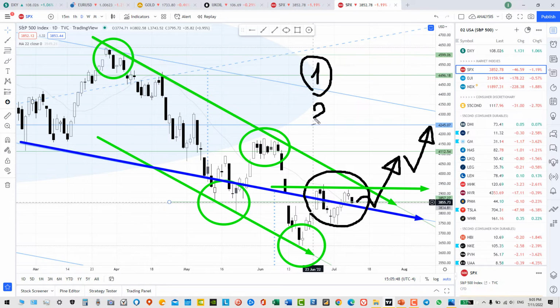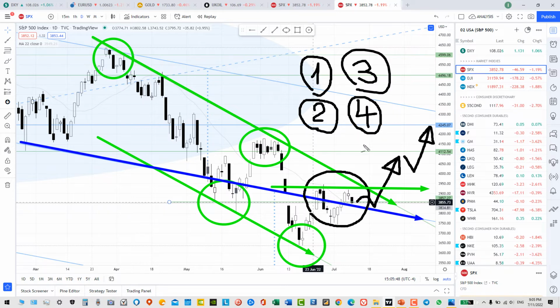Also, it should break above the downtrend short-term trend line. That's the second condition. The third condition, it should manage to continue to close above these two resistances on daily and weekly basis. And finally, we should find some increasing volume during the break and fading or decreasing volume during the confirmation.